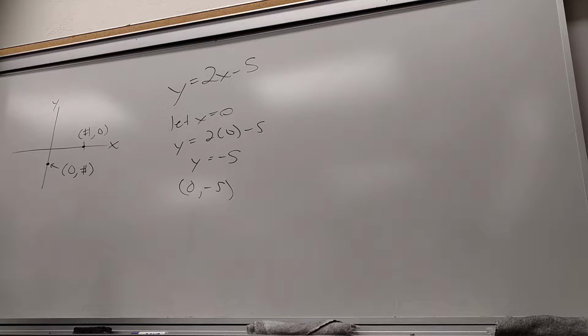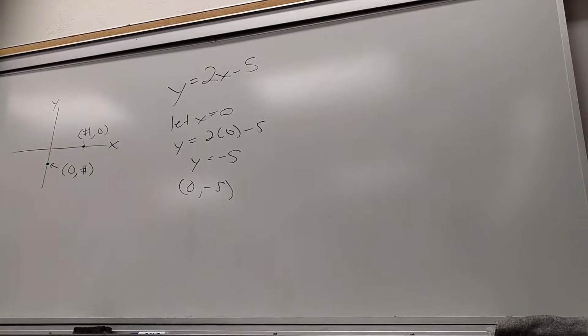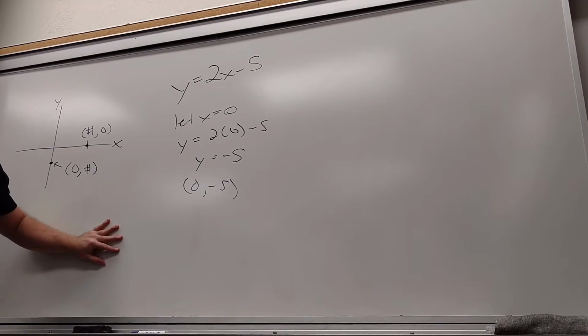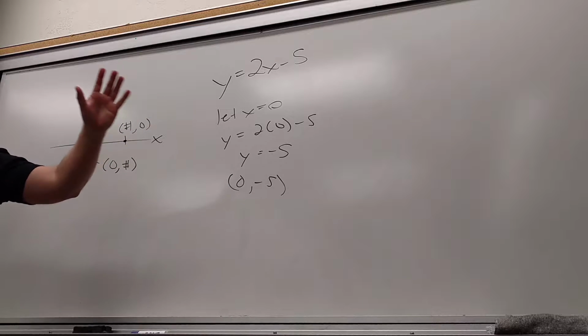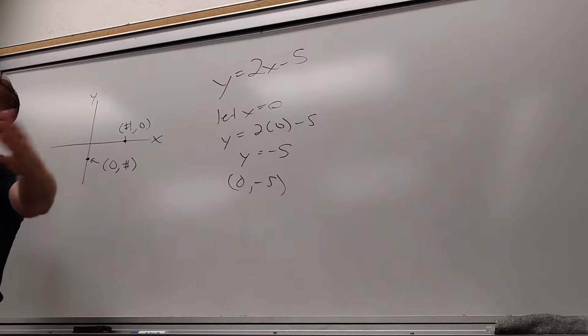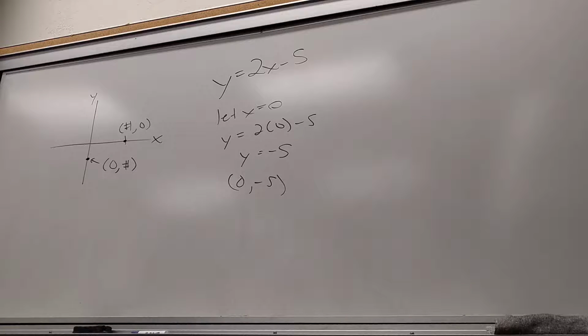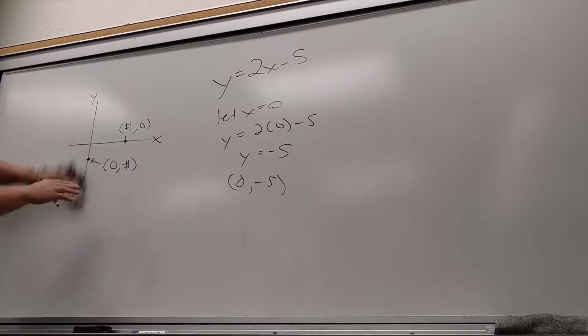You're learning something right now that works in Math 896. So it's always true. People forget this, but if I want you to find an intercept, you make the other variable 0. Bam, done.